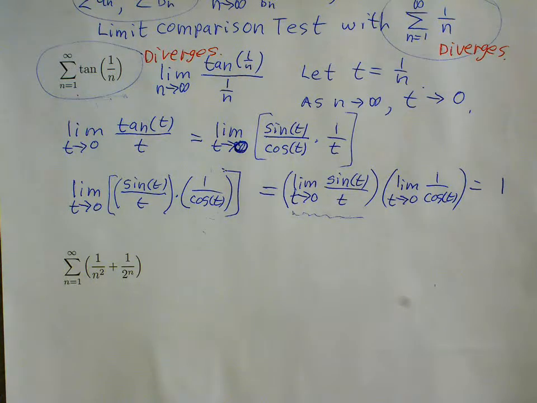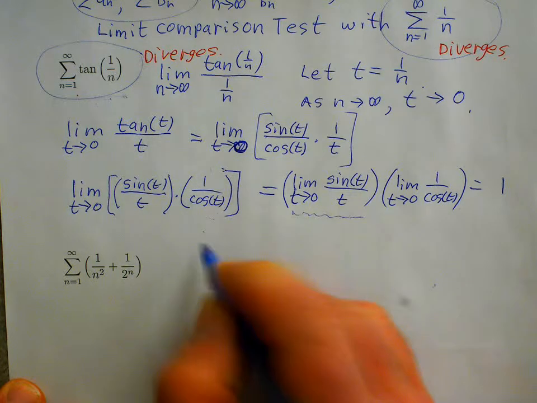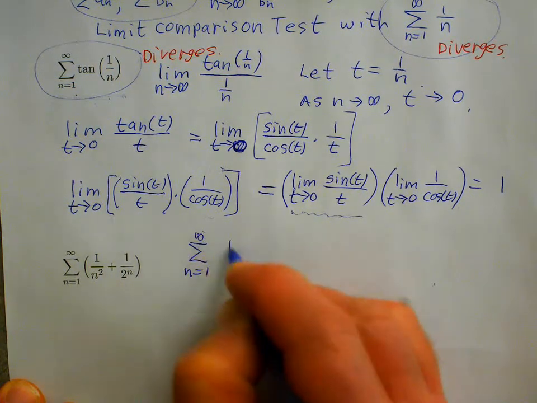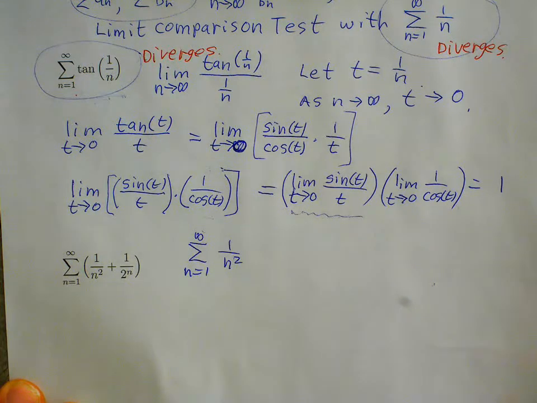Okay, what if you just had the series of the 1 over n to the second terms? It converges because it's a p-series with p-value equal to 2, which is greater than 1. If you just think of this series by itself, that one is a p-series.